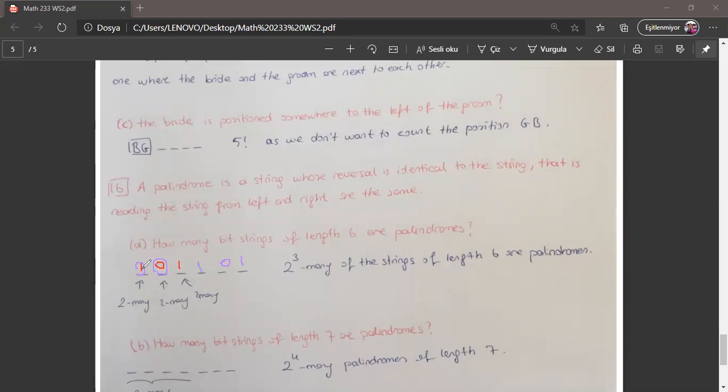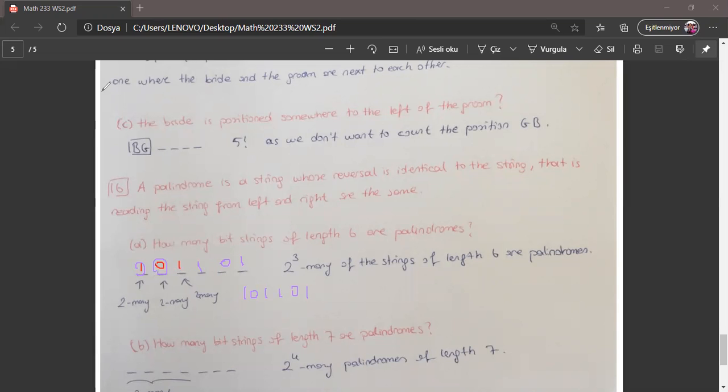Now let's read from the right. We have 1 0 1 1 0 1, which is exactly the same as this, right? So it's enough to compute only the first 3 digits.